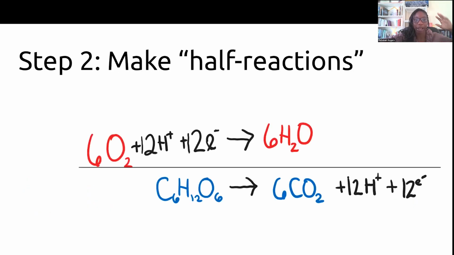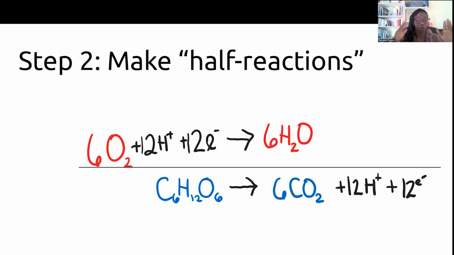So I can split these into their two half reactions, where I have the oxygen becoming the water, or the H2O. And I know in order for this to balance, that has to include the hydrogens moving. But going back to separating hydrogen and electrons, this also means the electrons have to move if this charge is going to stay balanced.